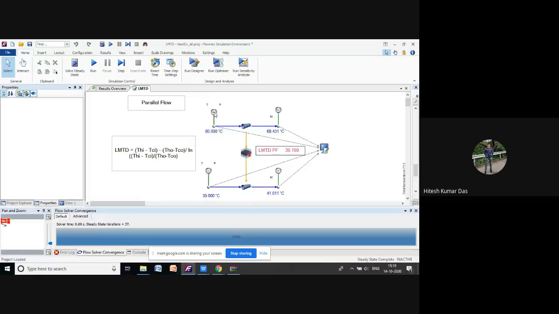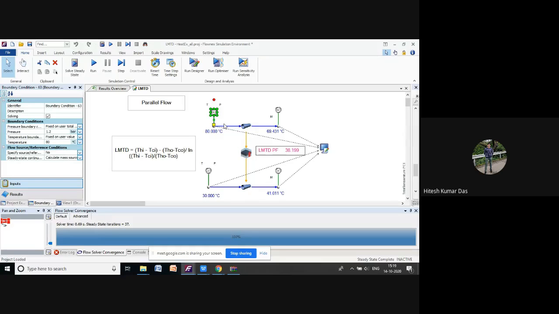For the hot fluid side, we are assigning pressure as 1.2 bar and temperature as 80 degrees Celsius. And this is the hot side outlet, where we are getting a mass source of minus 1.35 kg per second, meaning 1.35 kg per second mass flow is happening, flowing from this place to this place.